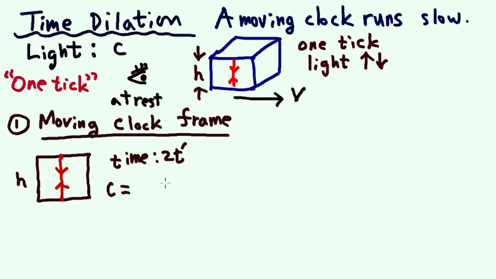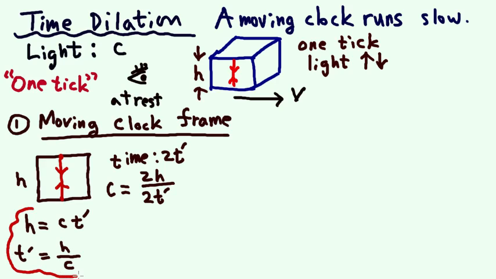And so c equals 2h divided by 2t prime. So that means h equals c t prime, or t prime equals h over c. So that's what happens in this moving reference frame. So we figured out what the half-tick time is in this moving clock frame. So that's very simple. I hope you agree.